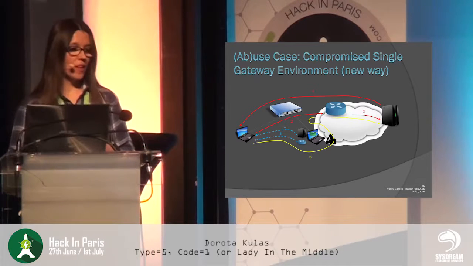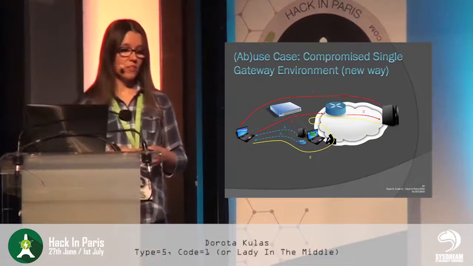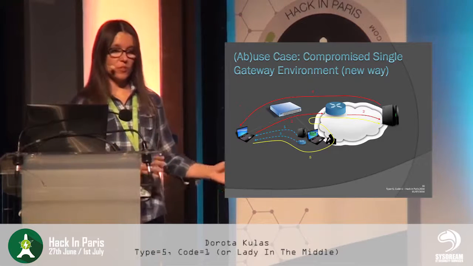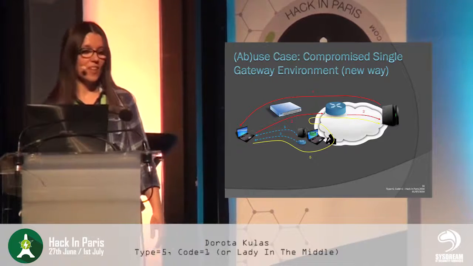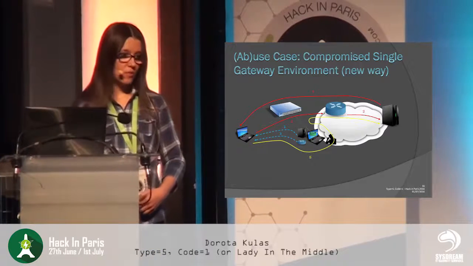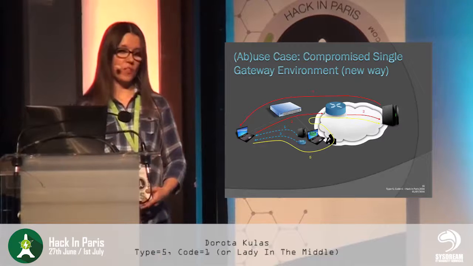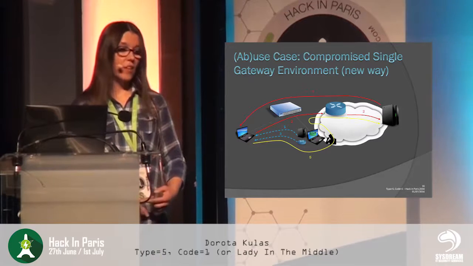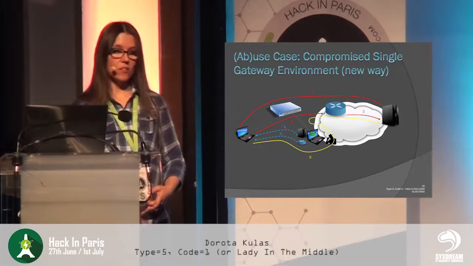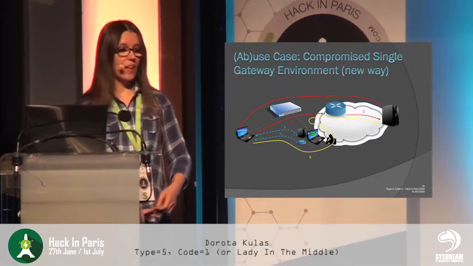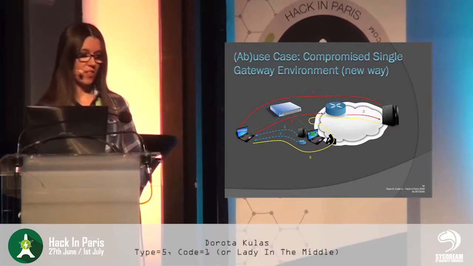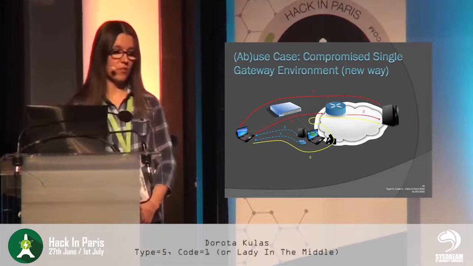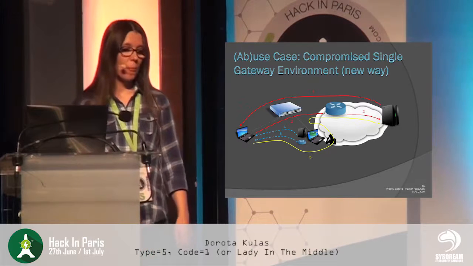Let's assume that as an attacker, you would like to eavesdrop on communication from the user, from the laptop here, to the server. You know the IP address of the user. You know the IP address of the server, obviously. You have to be, as an attacker, on the same subnet as the user. You don't have to be on the same subnet as the server. Actually, the server should be a remote server for this to work.